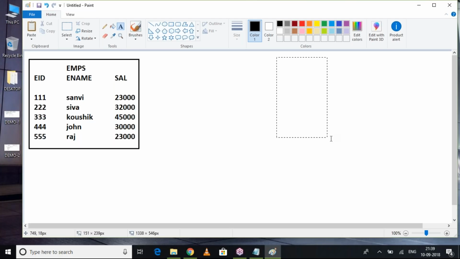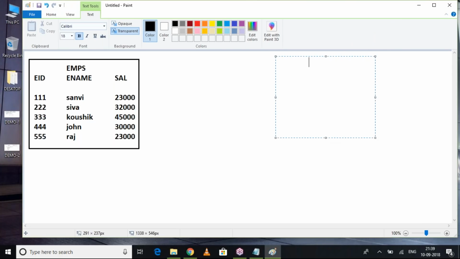Okay, here we have another table. In the database, we have another object.